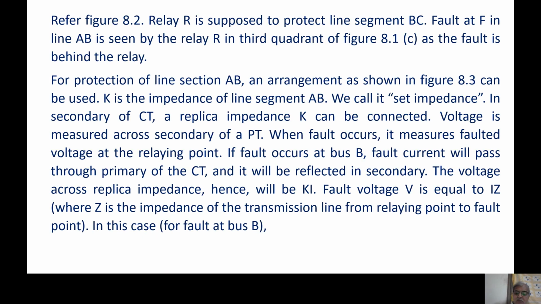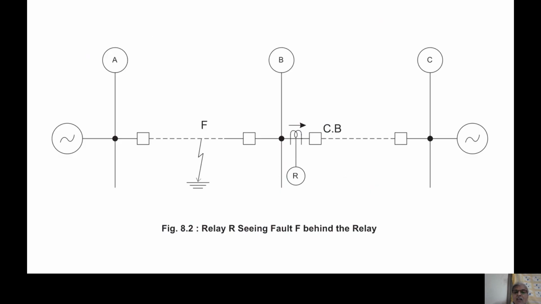And then if you talk further, I've got this relay R, and generators on both sides. There are two lines. Fault is at F. Now, how will the relay look at that if it is not directional?